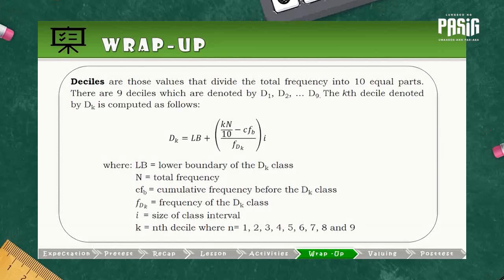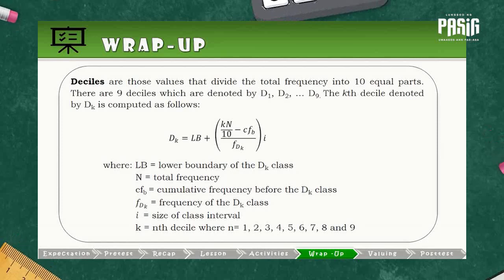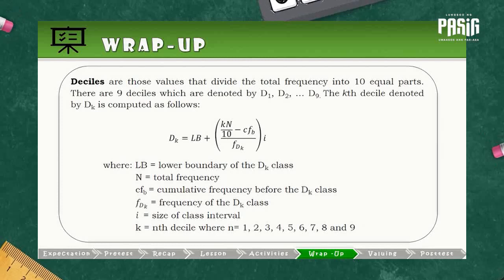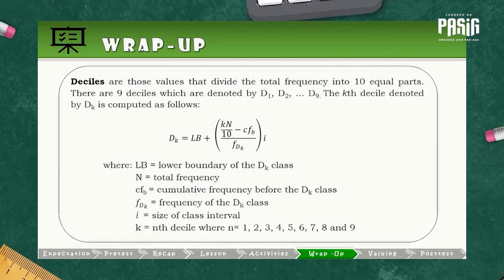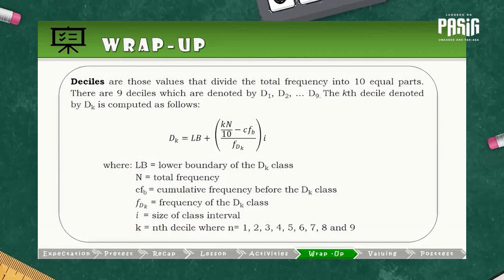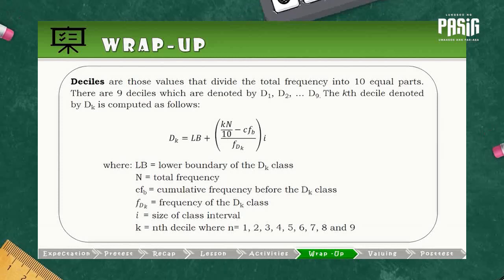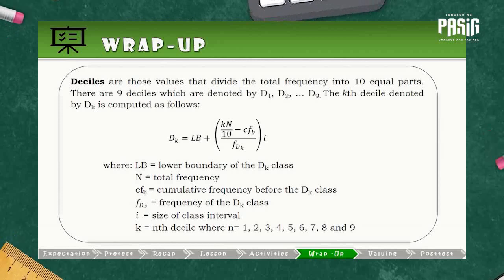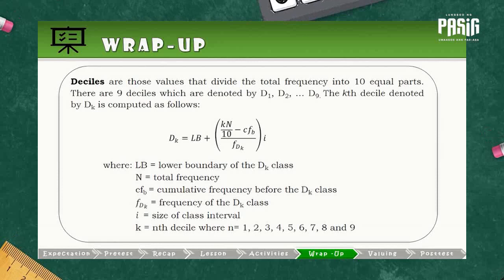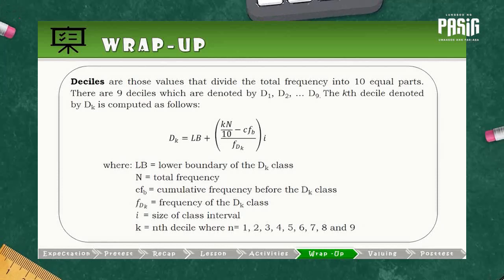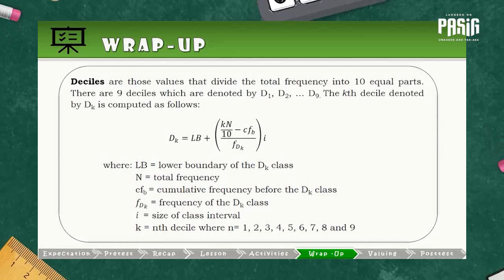The kth decile denoted by D sub k is computed using the formula where LB is the lower boundary of the D sub k class, N is the total frequency, CF sub B is the cumulative frequency before the D sub k class, F sub D sub k is the frequency of the D sub k class, I is the size of the class interval, and k is the nth decile where n is equal to 1, 2, 3, up to 9.